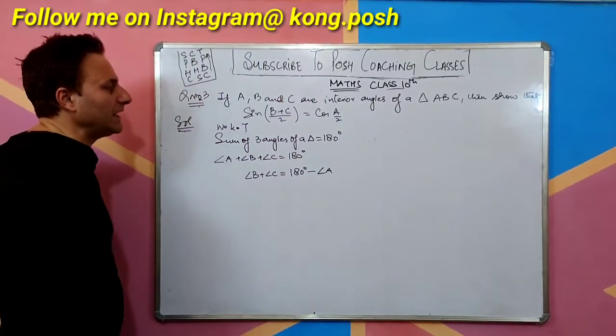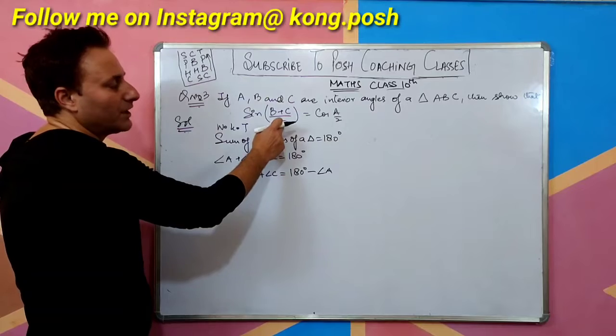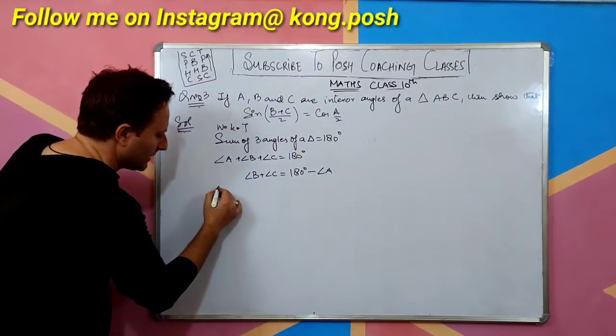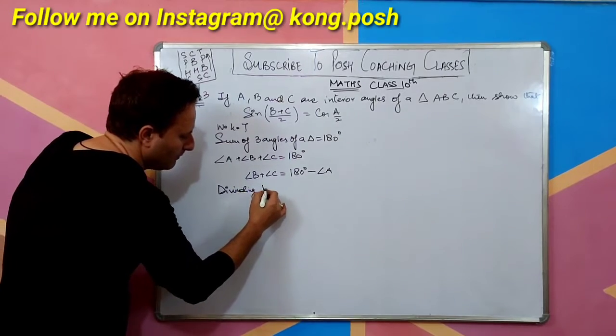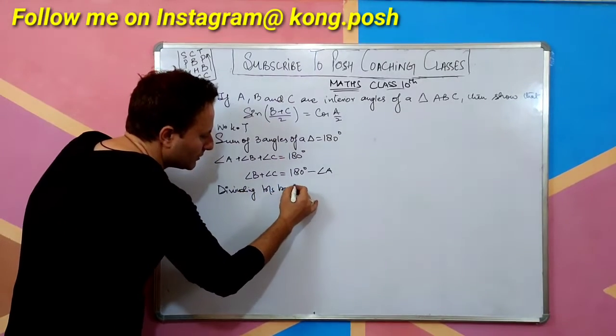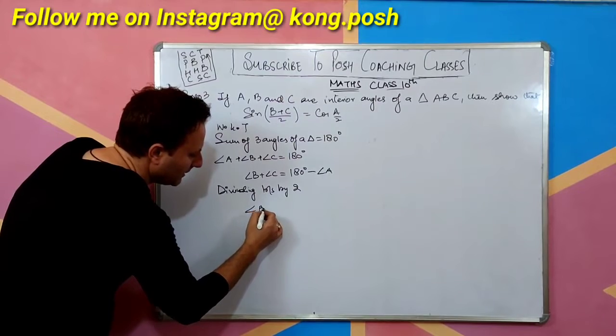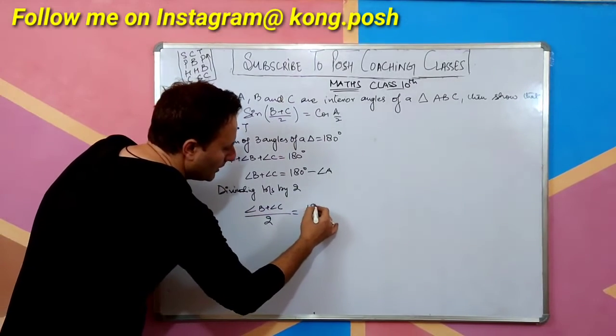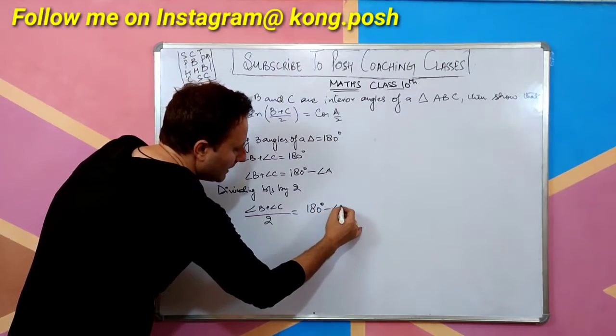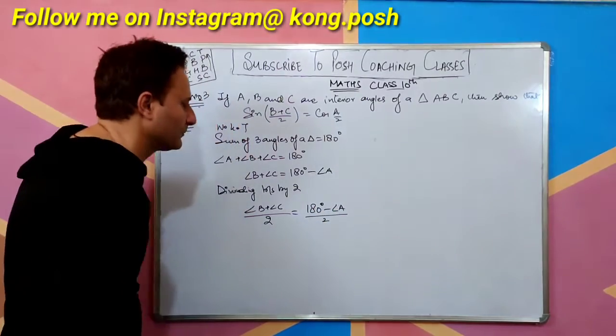Clear? Now I can see there's a divided by 2 here, so dividing both sides by 2, it becomes angle B plus angle C upon 2 equals 180 degrees minus angle A upon 2.